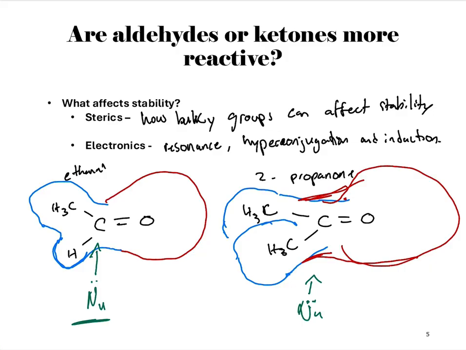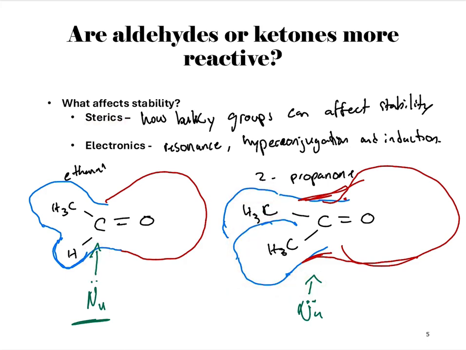It has to come in at that 75-degree angle, and since it's a trigonal planar or sp2 carbon, it has to come in perpendicular to that plane, and that's going to be harder to do when you have the bulkiness of the two R groups that are there as well. These two R groups are basically adding bulkiness to make it harder for the nucleophile to come in and attack. So that's how the sterics are going to affect.